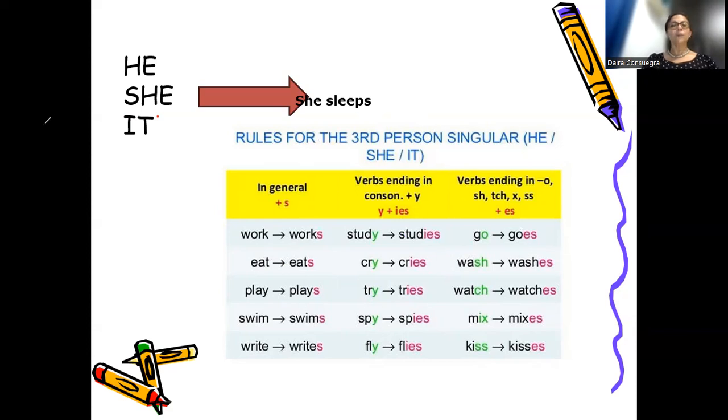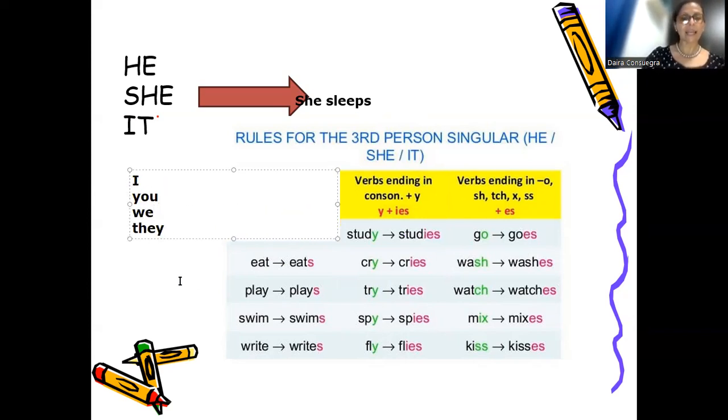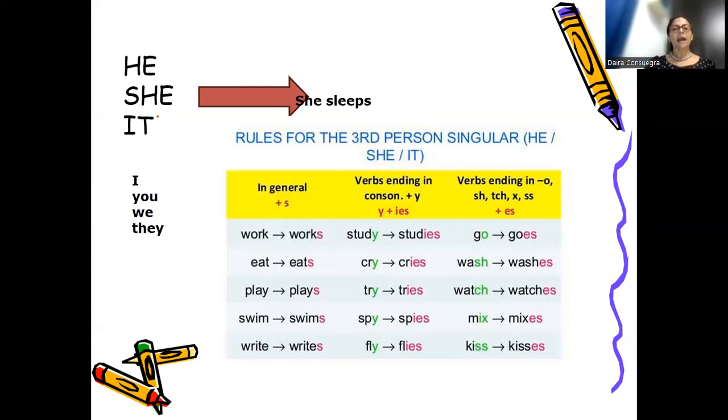What are the pronouns that do not need that? Are I, you, we, and they. They are combined in that way. Okay? You can use this. I work, you eat, we play, they swim.